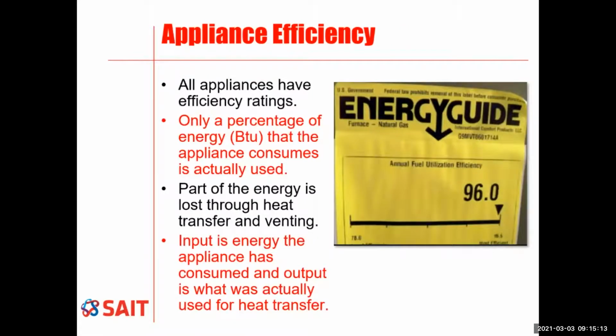Okay, so all appliances have these efficiency ratings. And you see in this little yellow energy guide thing, they have something called an annual fuel utilization efficiency. You can shorten that down to AFUE, A-F-U-E.